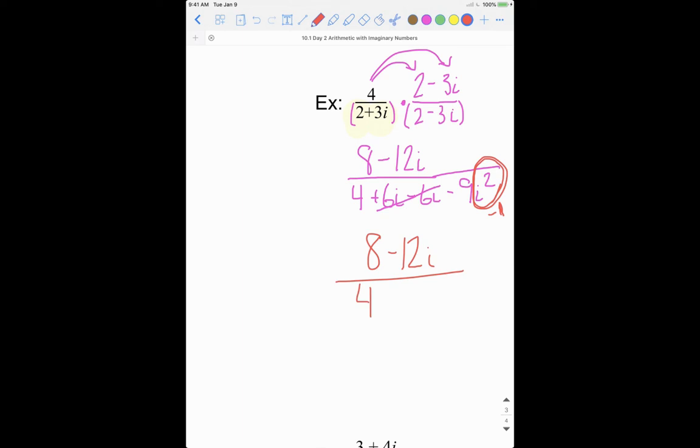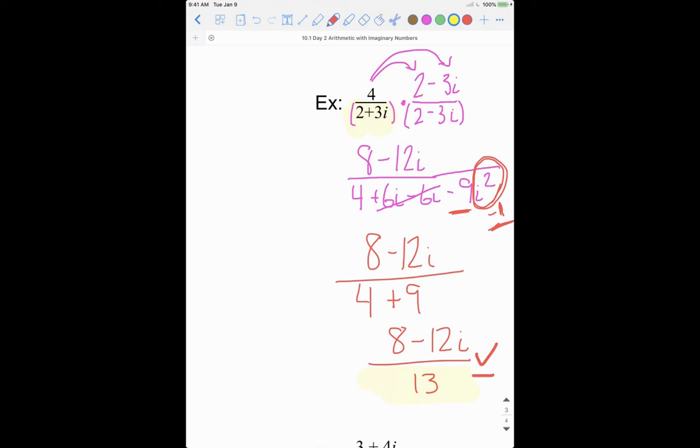And we have negative 9 times negative 1 gets us to a positive 9. So again, you're like, okay, must be done. But notice you can add together those 4 and the 9. So we get 8 minus 12i over 13. Beautiful. Notice our denominator has no i's in it. So we can say, check, we're done.